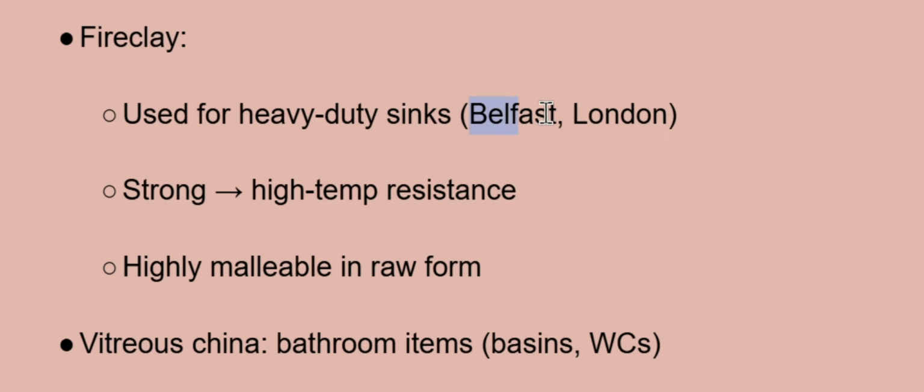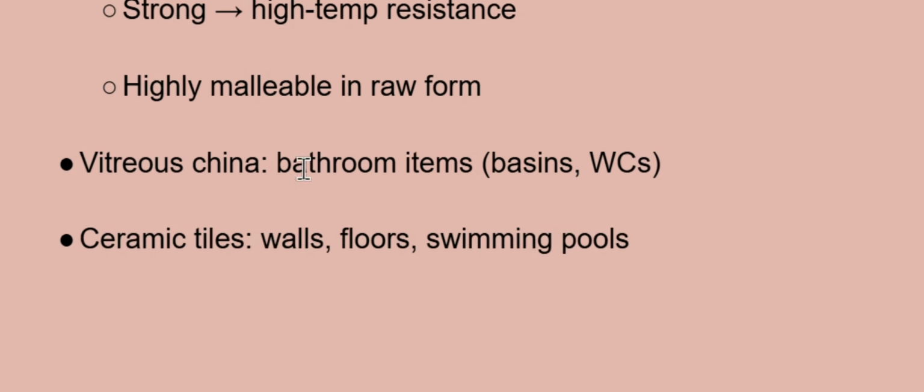They call them Belfast sinks. You usually find them in chemistry labs, that kind of thing. They're very strong and very resistant to high temperature. Whereas vitreous china, like I said, is used for toilet seats, bidets, toilet basins, and tiles, bathroom tiles on the walls and floors.